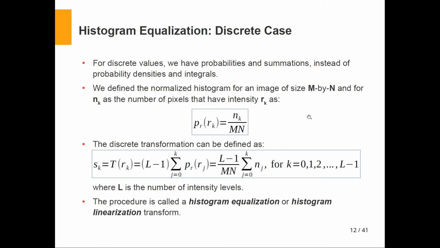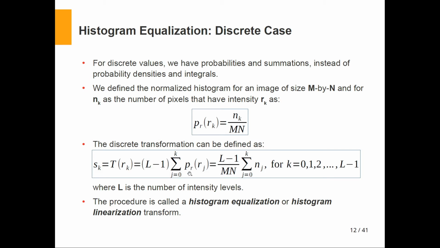So the discrete transform function that we use instead of integral now uses a summation, but the concept is very much the same. So S subscript k equals T of Rk, which is equal to L minus 1 as the constant, and the summation of the intensity values over the range from 0 to k.